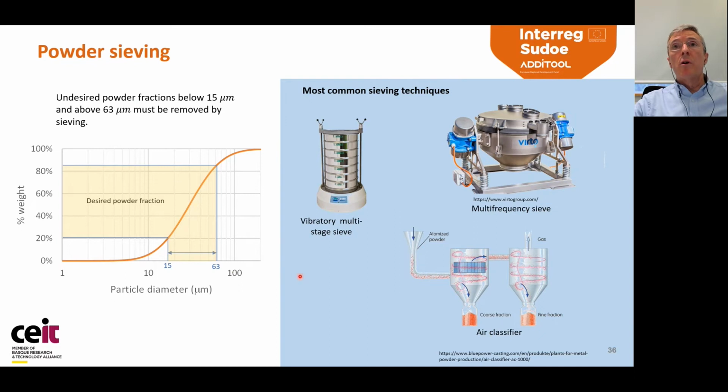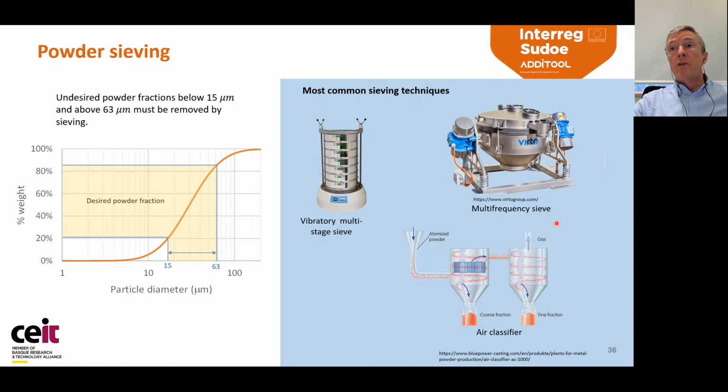This is done by sieving. These are the most common sieving techniques. First of all, you have the vibratory multi-stage sieve, in which you have a number of pans with meshes, and it's vibrating, so that you put the as-atomized powder at the top and you collect fine powder at the bottom, and it's separated. Every pan contains a fraction. But this has very low capacity.